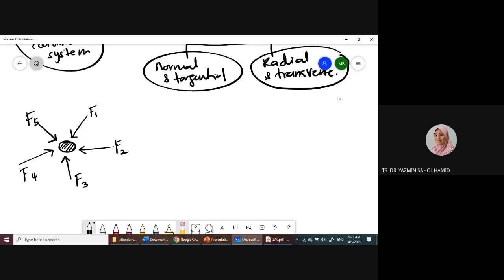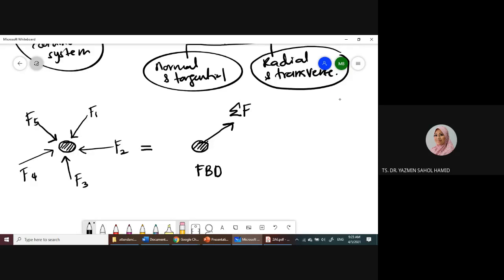Now, what you need to do, you need all these forces to become one force. When you become one force, what will it become? It will be a resultant force F. Okay, and this resultant force F is your free body diagram.